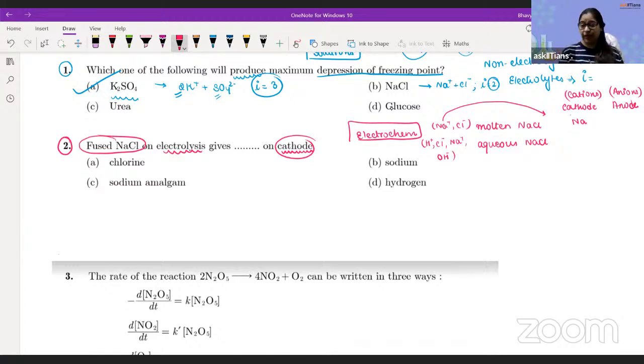So had the question been, in the case of aqueous NaCl, what is produced at the cathode, then the answer would have been hydrogen gas, because H+ would be moving towards the cathode due to preferential discharge theory. So here the answer would be B. Correct? Does it make sense?